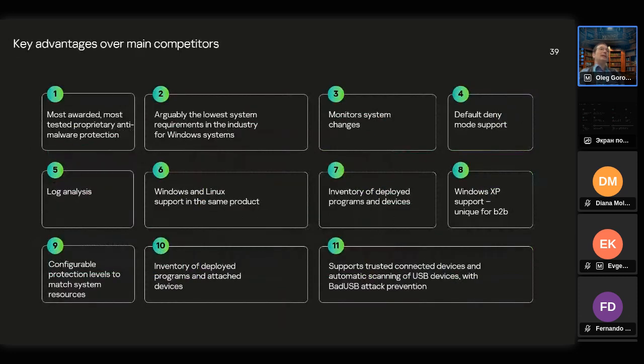And Windows and Linux supporting the same product is a good thing to have. Not that many competitors actually have dedicated solutions for embedded system security. Most of the time they offer a general endpoint security for such machines.